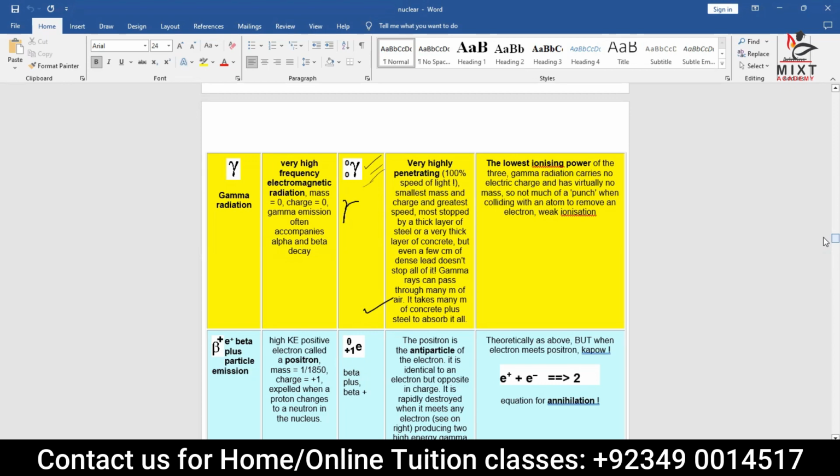Remember that alpha particles, being the heaviest, have the highest ionizing power, and gamma has the lowest because it does not have mass.